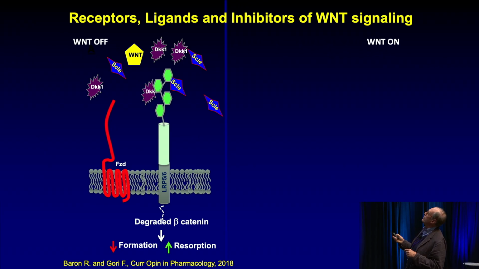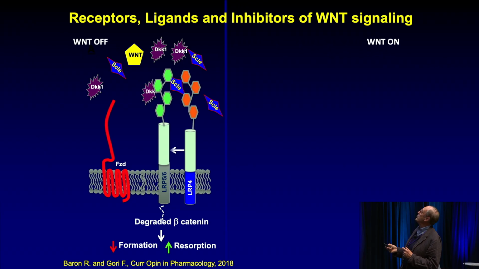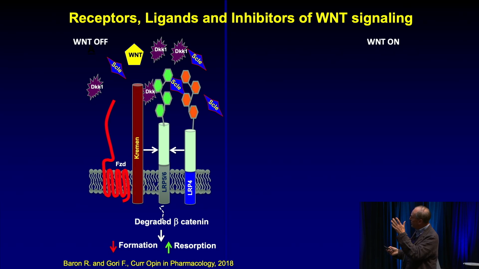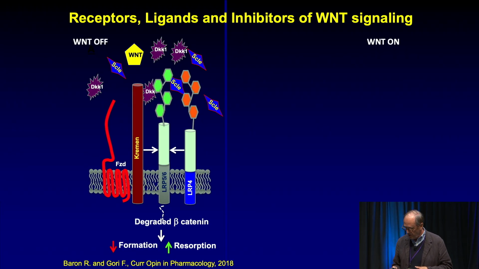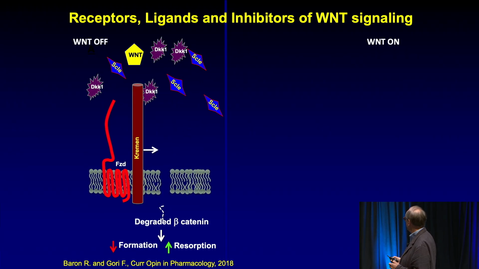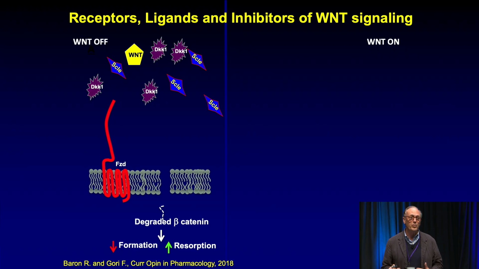Under these conditions where the Wnt ligands are at low concentration, these inhibitors bind to LRP5, and sclerostin recruits a co-receptor called LRP4, and DKK1 recruits Kremen, but in both cases, the result of this interaction is the internalization of the entire receptor complex.